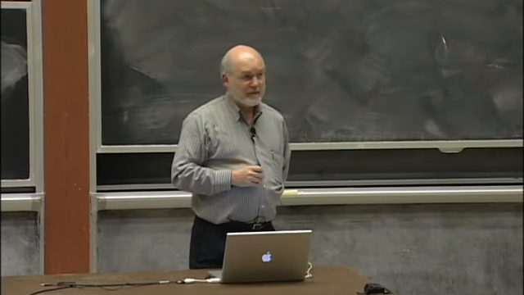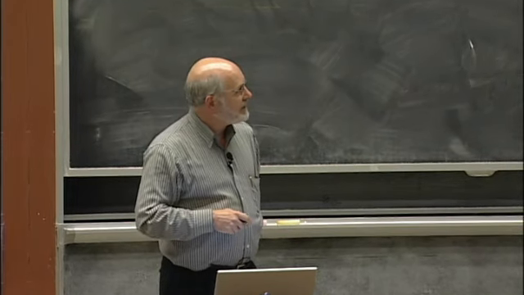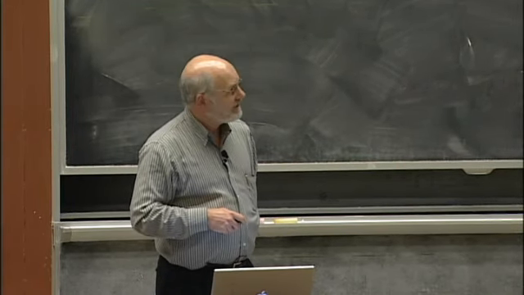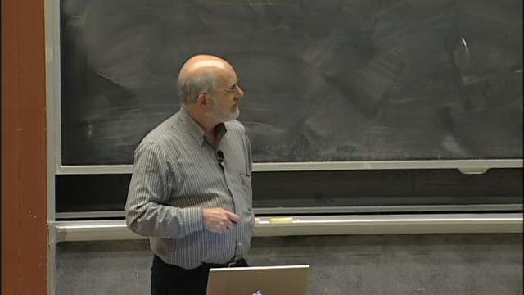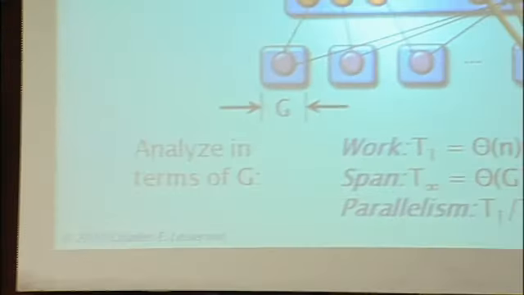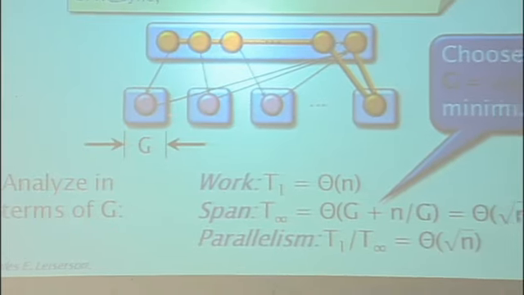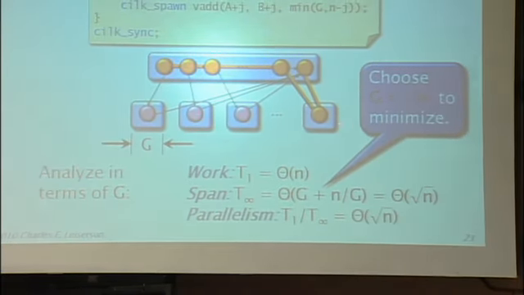Okay, question? What's that? Plus G, I don't see where. We've picked G to be equal to square root of N. Take out G plus N over G, then plus G. I don't see where this G came from? Okay, this G comes from because I'm doing G iterations here. Remember that these are now of size G. I'm doing G iterations in each leaf here, if I set G to be large.